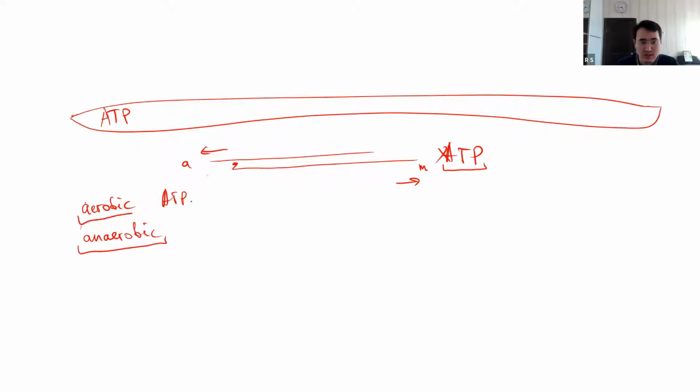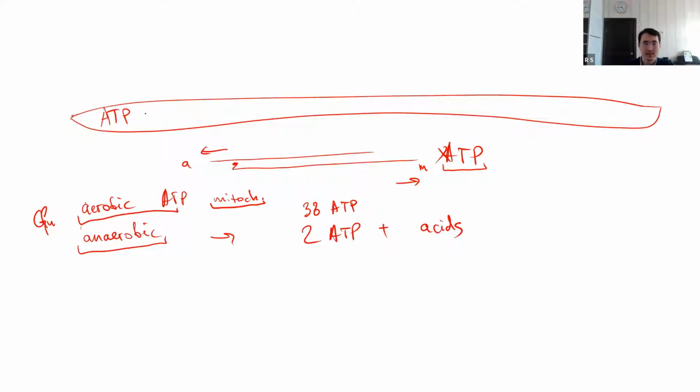And if you remember, the anaerobic one is less efficient. The aerobic one is the respiratory chain, and we have mitochondria involved here. From one glucose, we obtain about 38 ATP molecules, while in the anaerobic one, we get only 2 molecules of ATP, plus a lot of acids.